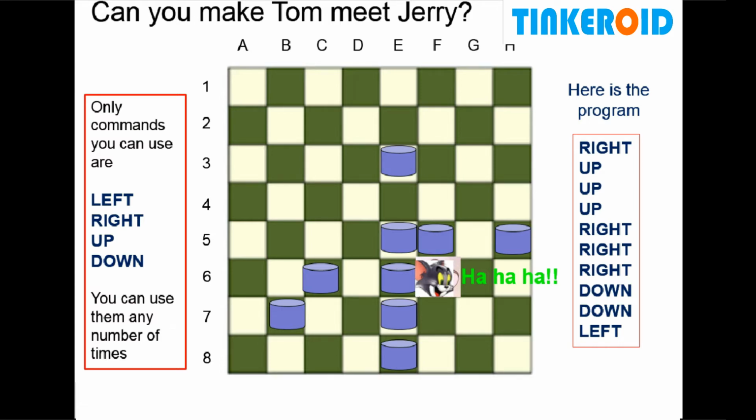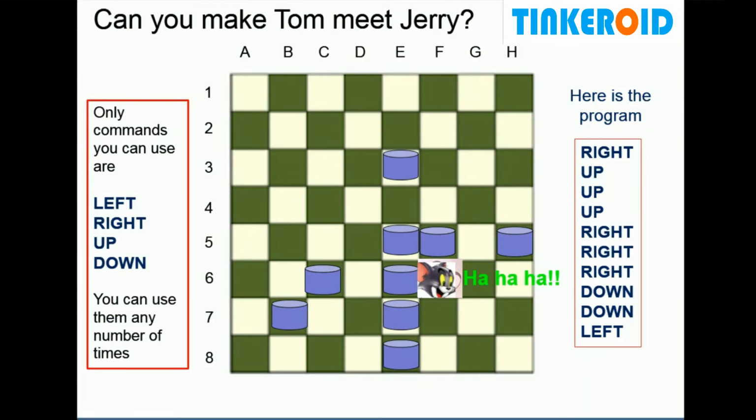Did you see this? He had to go one time towards right, 3 times up. That is 1 up, 1 more up, and 1 more up. That is 3 ups. Then again 3 rights, 1 right, 2 right, 3 right. Then he should go 2 times down.